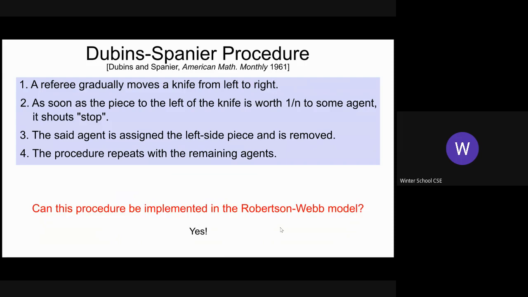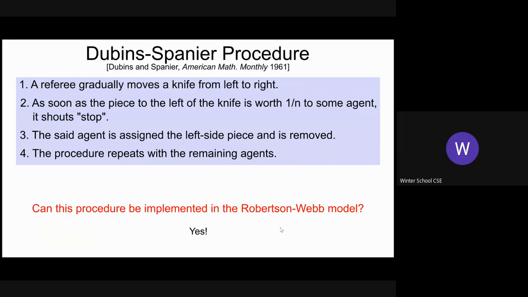Okay. So can you run this gradual continuous procedure in a discrete way? I claim yes. What you do is you just ask every agent a cut query of value 1 over n, right?